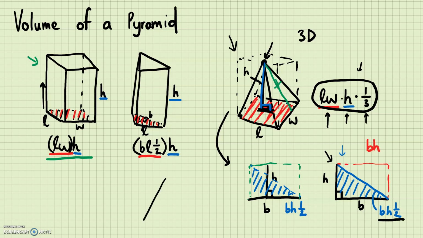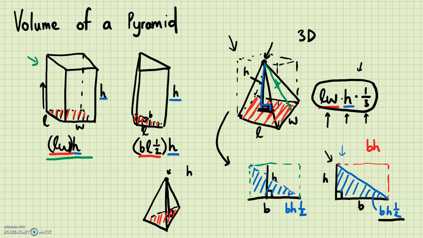Let me draw a triangular pyramid down here. Same concept. For the height, you need to look at the line that goes from this vertex down to the base, and that is perpendicular to the base. Let me color the base in red again. The concept is the same.